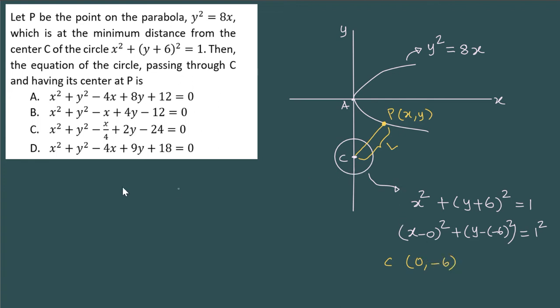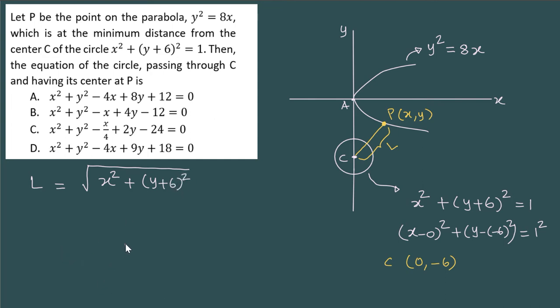So let's write this distance now. L, we can just use the distance formula: square root of x minus 0 whole square, so that is x square, plus y minus minus 6, so that's y plus 6 whole square.